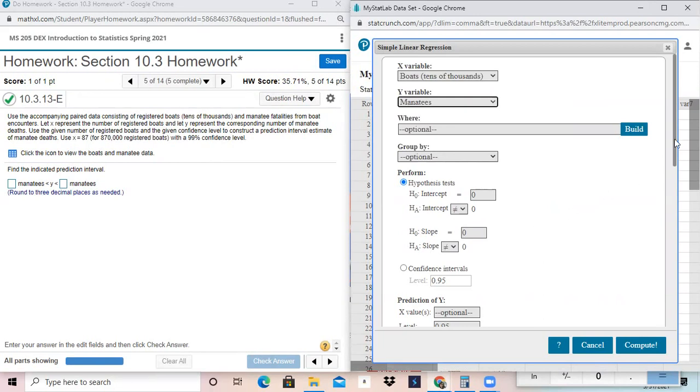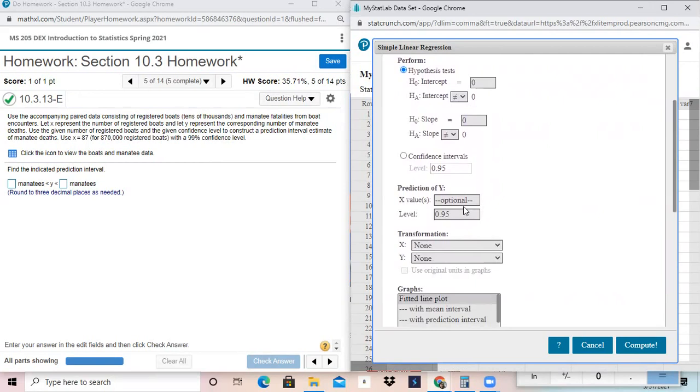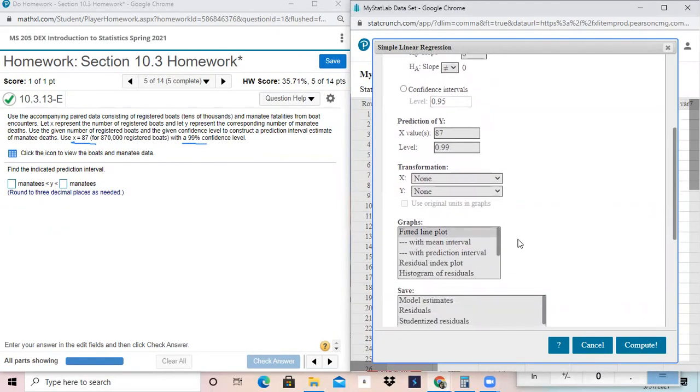Because we're going to look at a prediction interval, I have to put in the X value I want to get a prediction for. In this case, that is 87. The prediction level is a 99% confidence level. And I want to pull up the graph so you can see what the interval means.